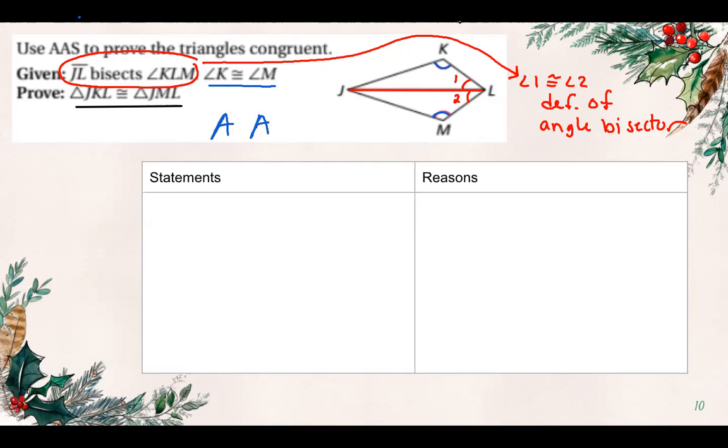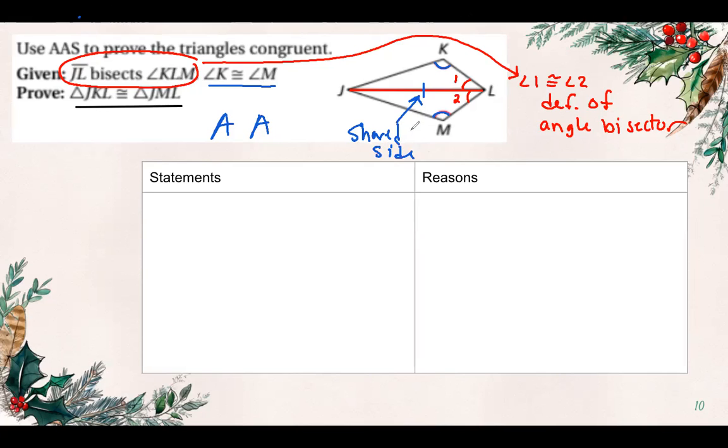It's that red one that I just drew, right? Right here is a shared side. So we know that is going to be congruent to itself. Shared sides are always congruent to themselves. So does that give us angle, side, angle, or does that give us angle, angle, side?